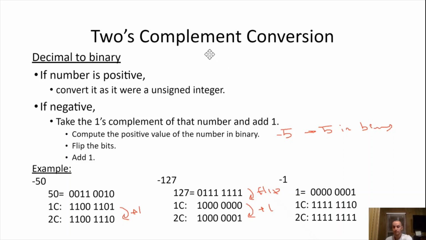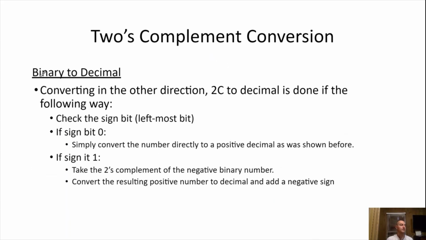So this is binary to decimal, so it's the other way around, and we are basically doing this the opposite way to get back to where we were. If we have the leftmost bit, the sign bit, if it's a 0, that means it is just a positive number. So we just convert it, nothing new here. If it was 1, we take the two's complement again, and then we calculate that.